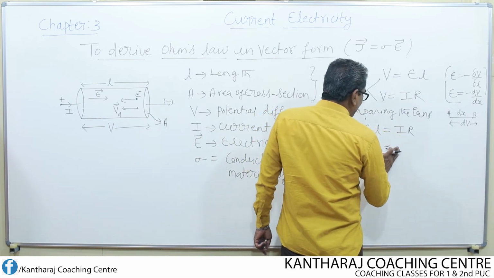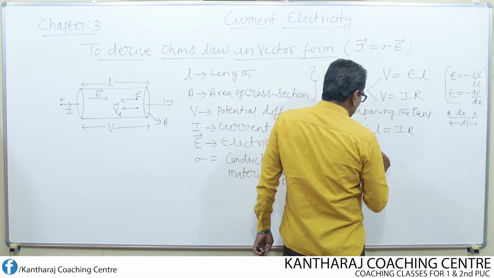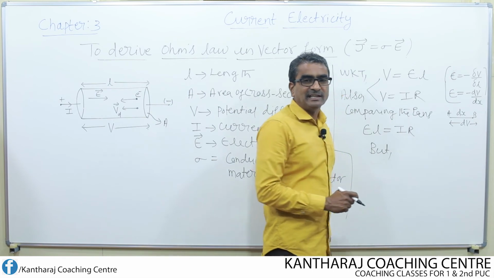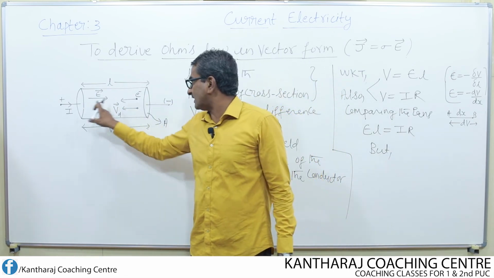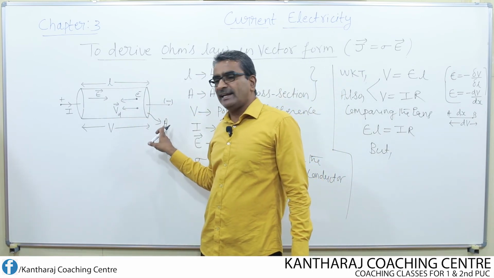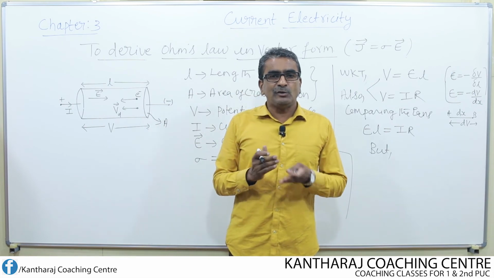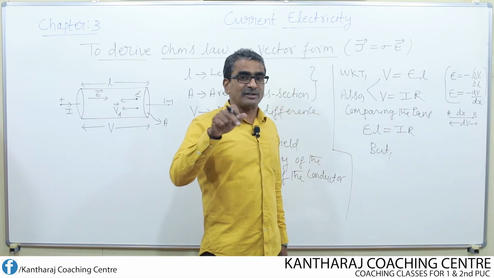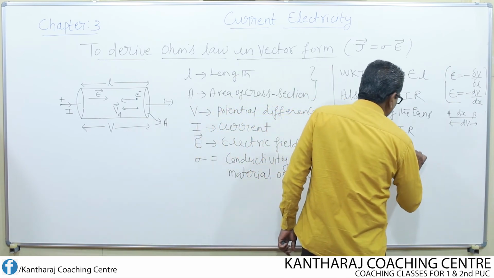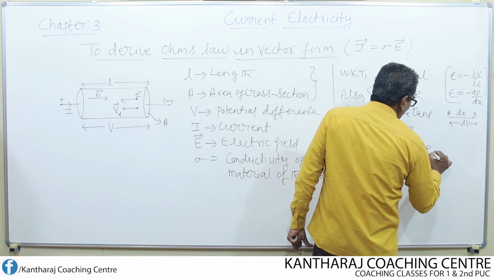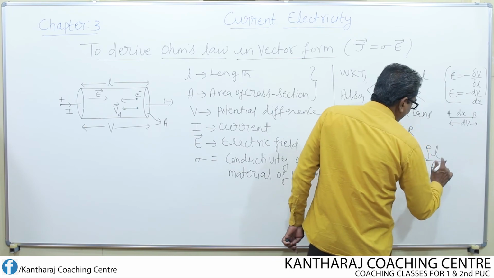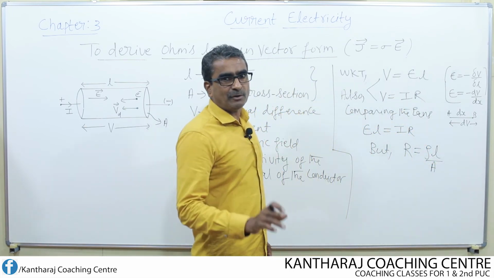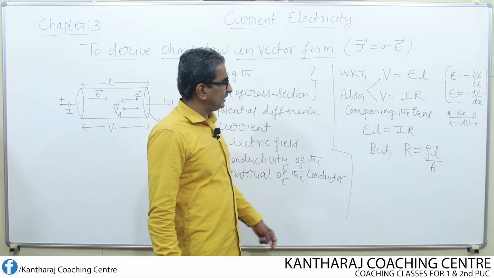But we know that resistance depends directly on the length of the conductor and inversely on the area of cross section. Using this concept, we derived an expression for the resistance in terms of resistivity: R equal to rho into L divided by A. Be careful about the two notations used here.